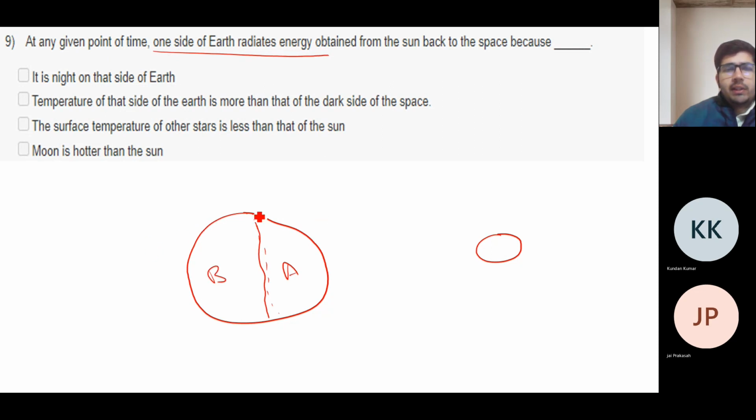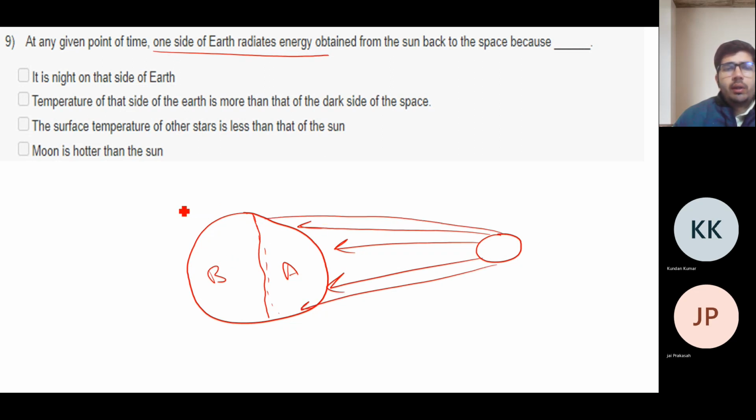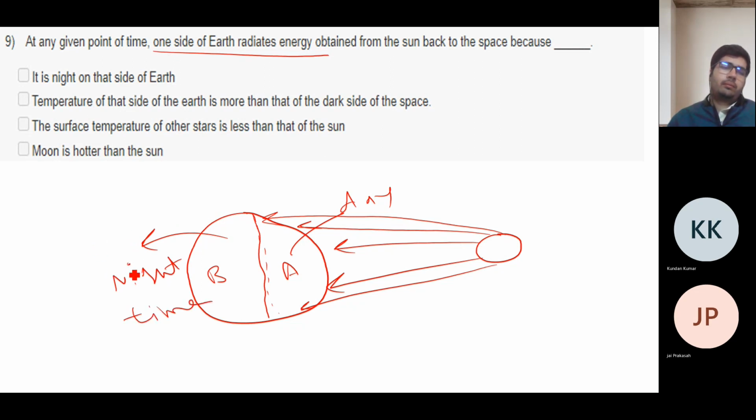This A part is facing towards the Sun. So the solar energy is coming towards the A part only, but the B part is not towards the Sun. So the A part is having daytime, and then the B part will have night time.